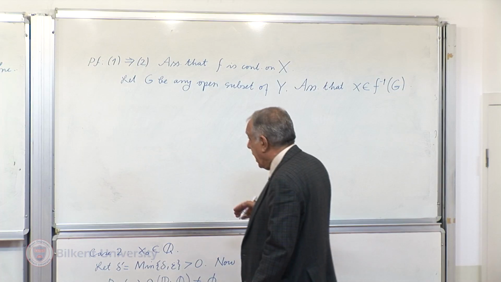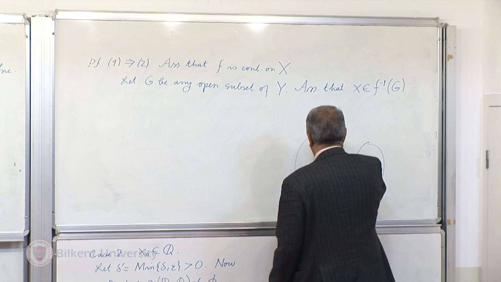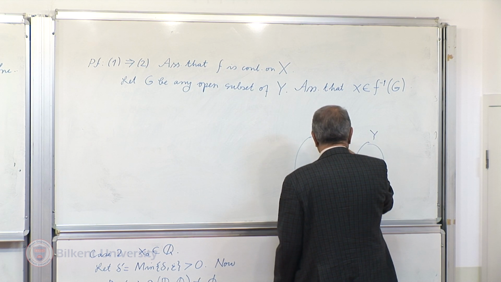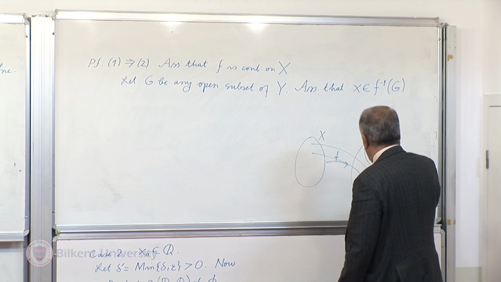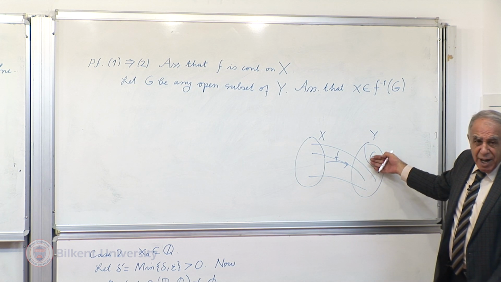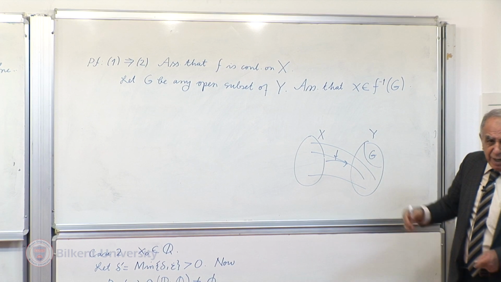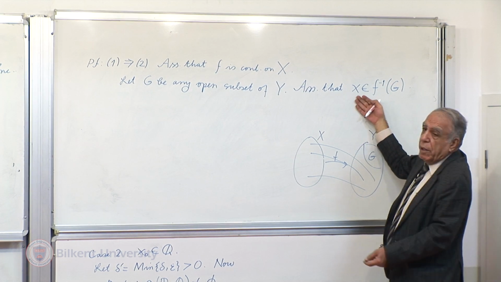Well, the function might be such that you take G here, but everything in X is mapped onto somewhere not in G, outside G. This might be outside the range of the function. But this also includes that.